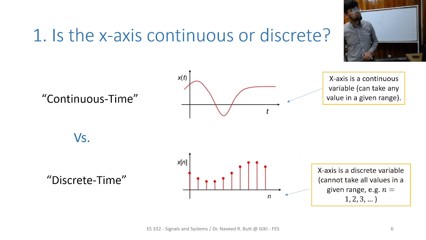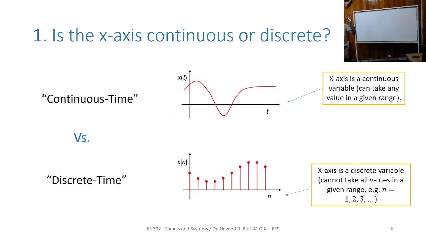I will classify them. Now the classification will be based on several questions that we will ask, and the answers to those questions will define the classes. First question we ask is: is the x-axis continuous or discrete? And this question we have already asked. If your answer is that the x-axis is continuous, then you are talking about the class of continuous signals.